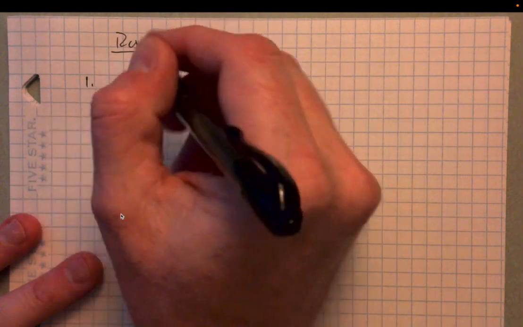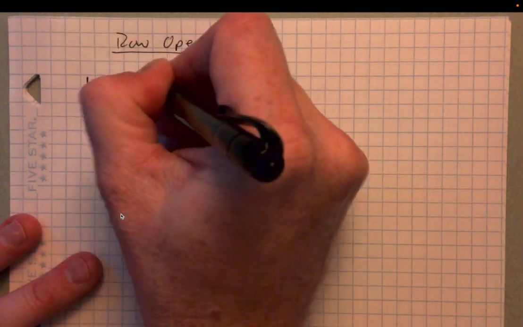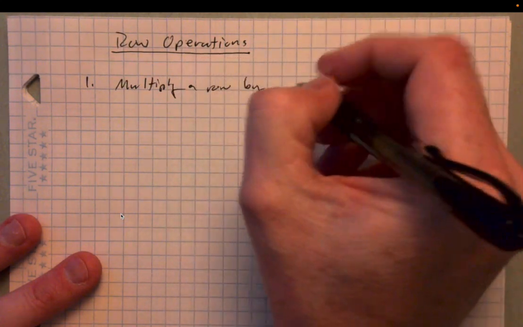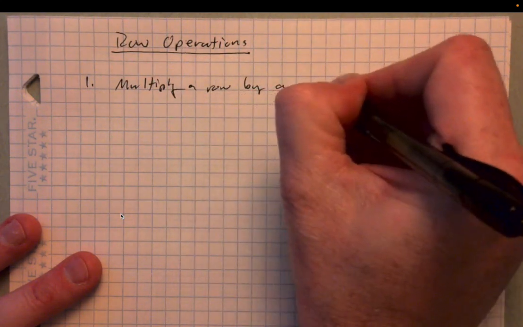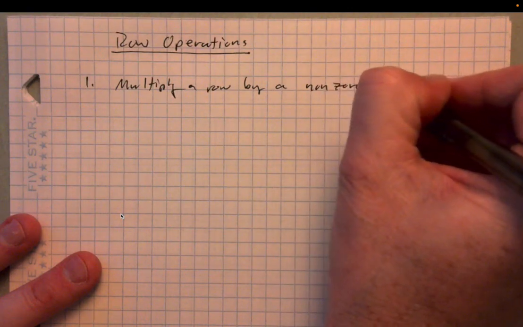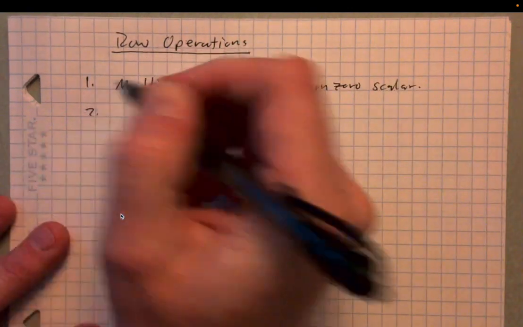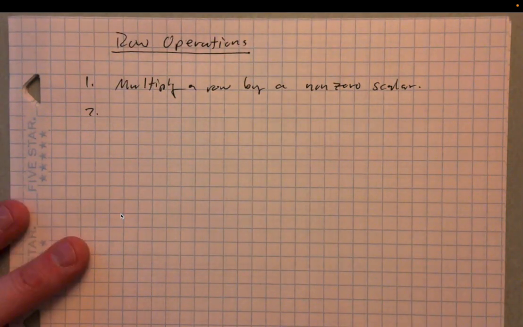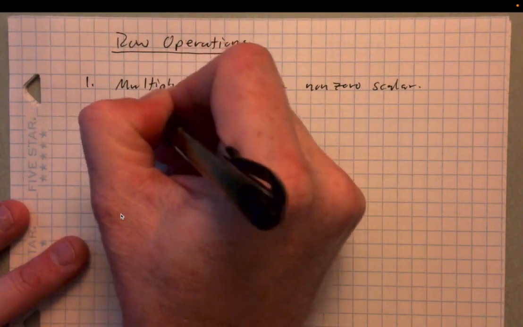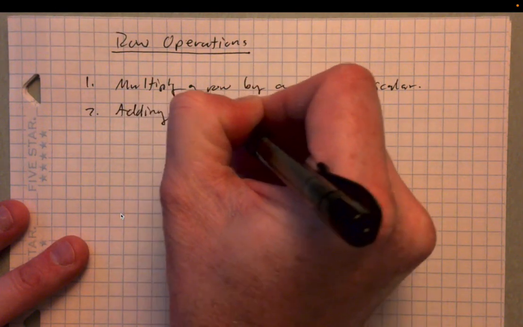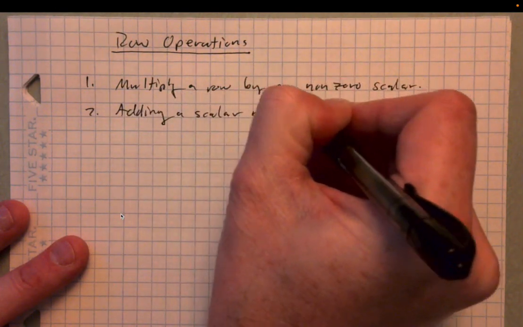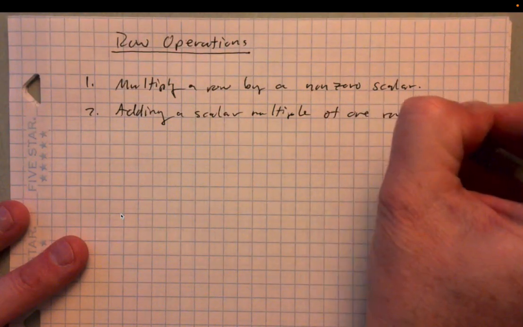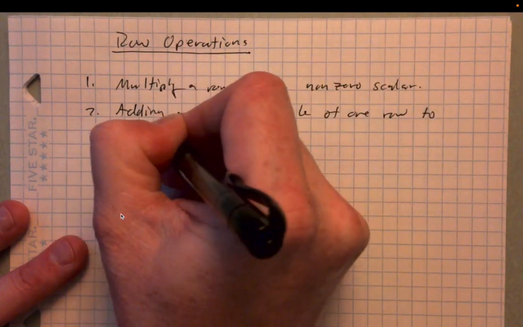So the first row operation was to multiply a row by a non-zero scalar. The second was adding a scalar multiple of one row to another.